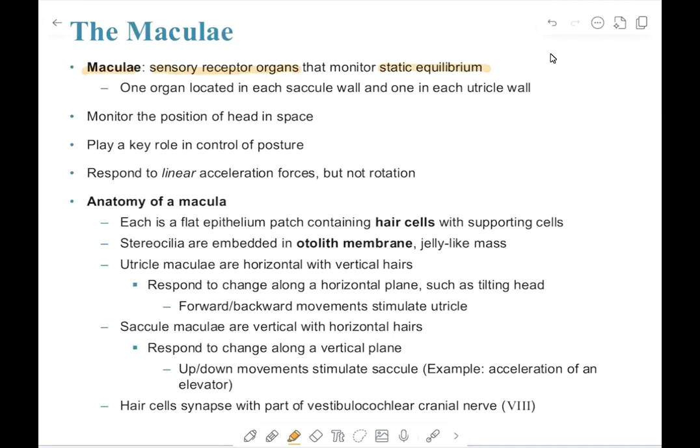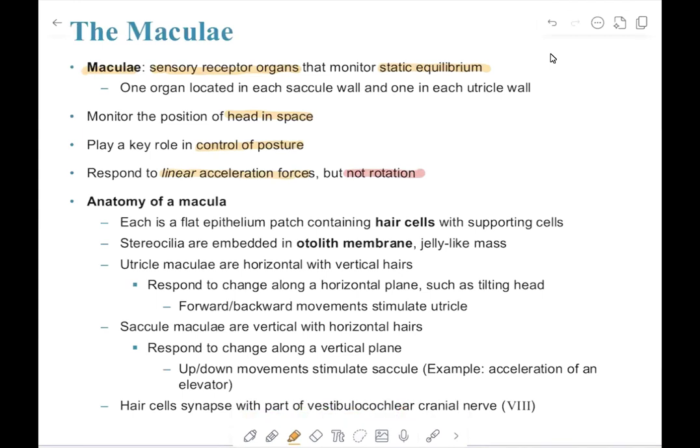So, for example, it plays a role in controlling posture, and it responds to linear accelerations. That would mean things like moving your head forward and backwards, or just standing in an elevator and the elevator moving upwards. But what's important to remember is that it is not rotation.